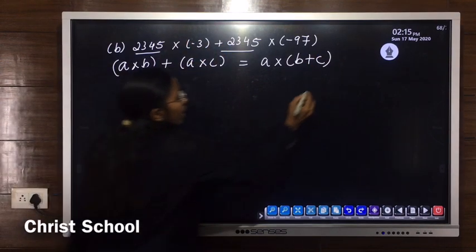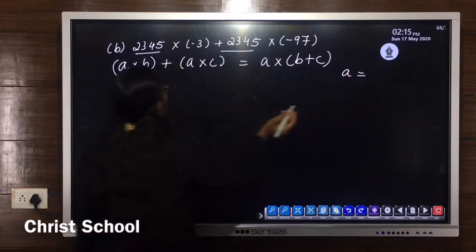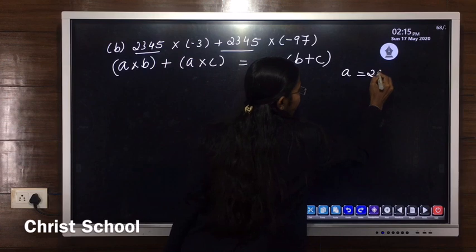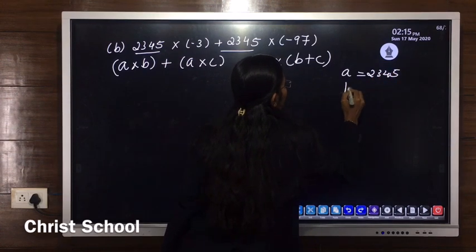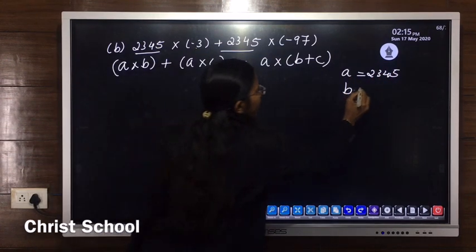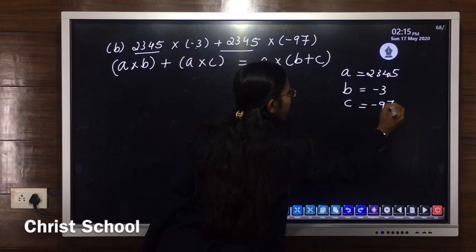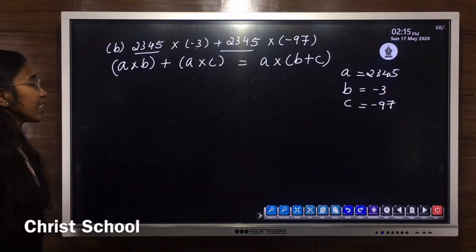So here A is equal to, what is the common number in both terms? 2345. At the place of B here is minus 3, and C is equal to minus 97. These are our three integers.